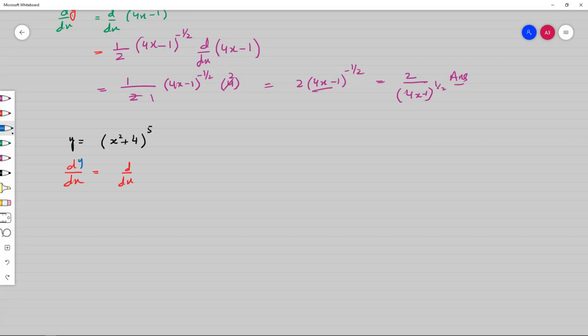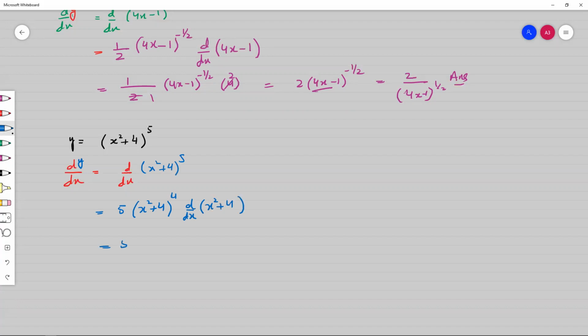So here we write y, and on this side (x square plus 4) whole power 5. So how do we differentiate this? First we write the power first, then decrease 1 from the power, 5 minus 1 would become 4, then the derivative without power. So this is 5 into (x square plus 4) power 4.